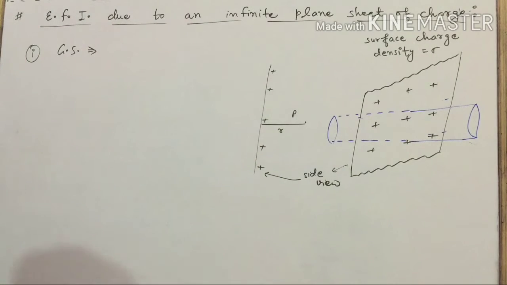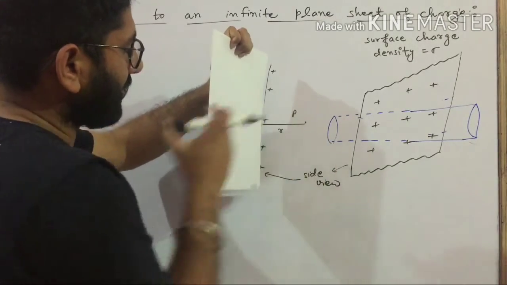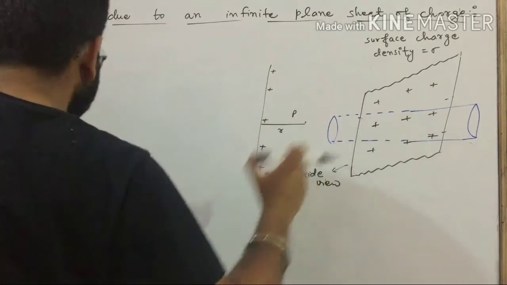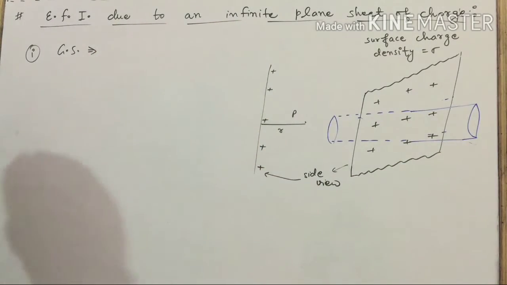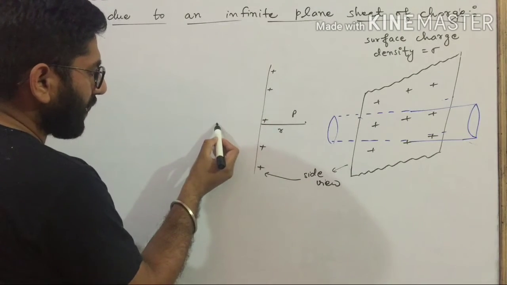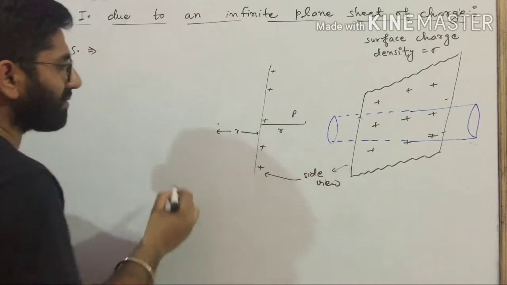It's like, suppose this is the sheet. So I will have half of the cylinder on this side and half of the cylinder on this side, like I have shown in this diagram. Okay. So let us take one more point at the same distance on the other side as well.